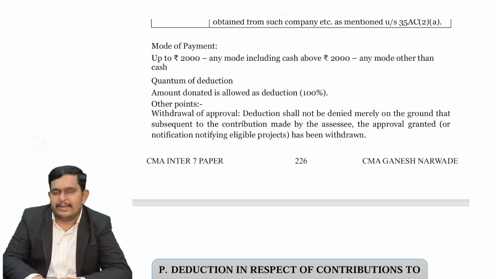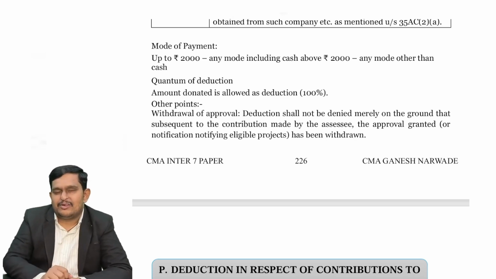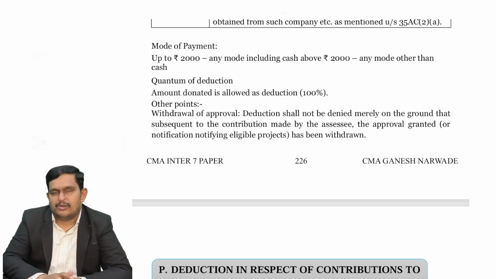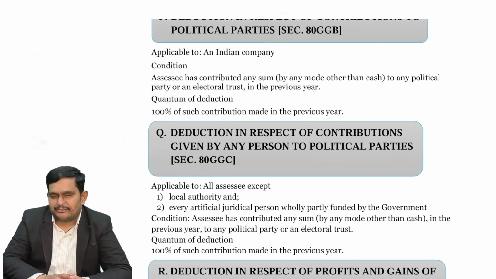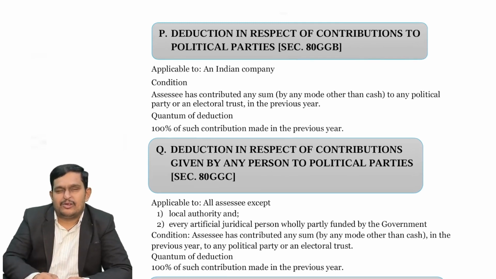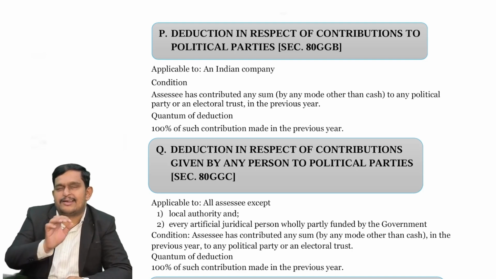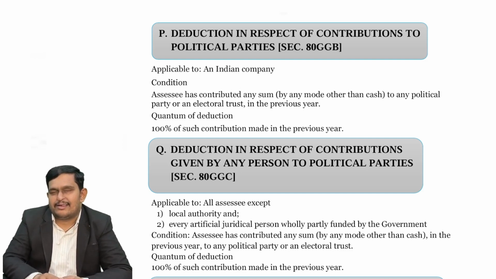Under 80GGC, any assessee other than an artificial juridical person or a local authority. That means a local authority will never get deduction, because local authorities are managed by government. So how can they give donations to any political party? Local authorities are completely prohibited from giving donations to political parties.